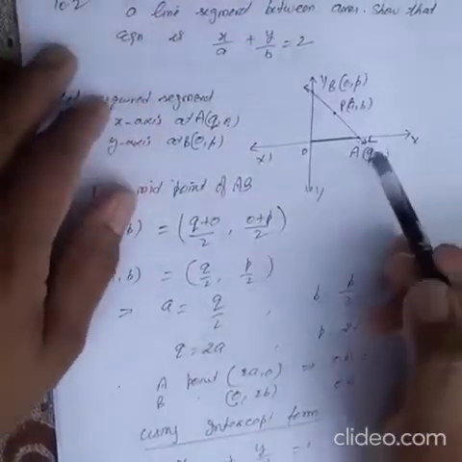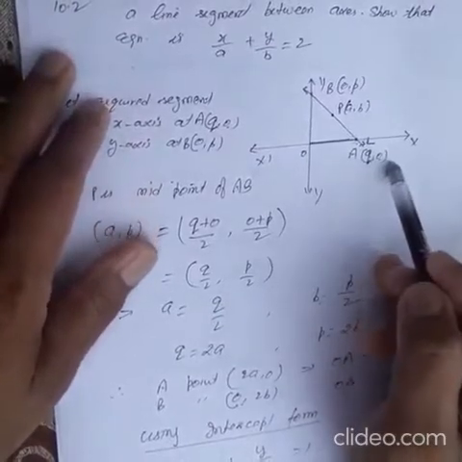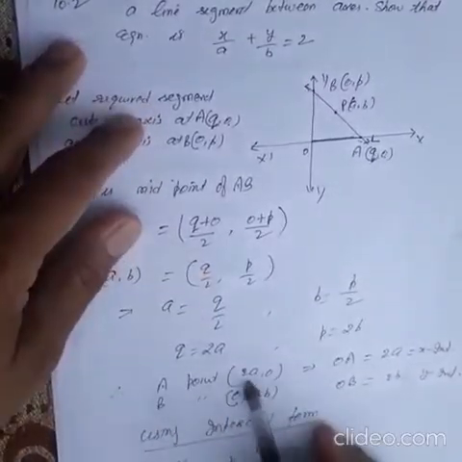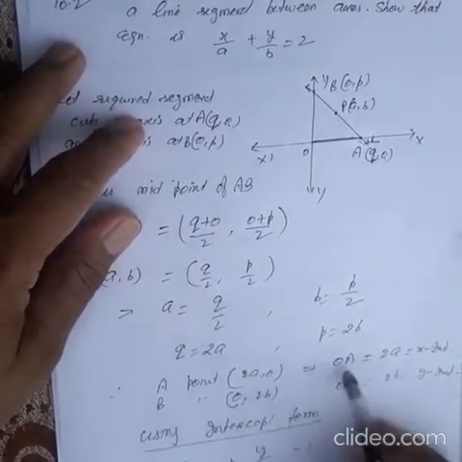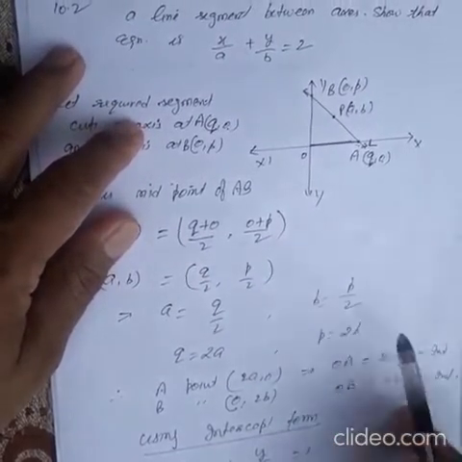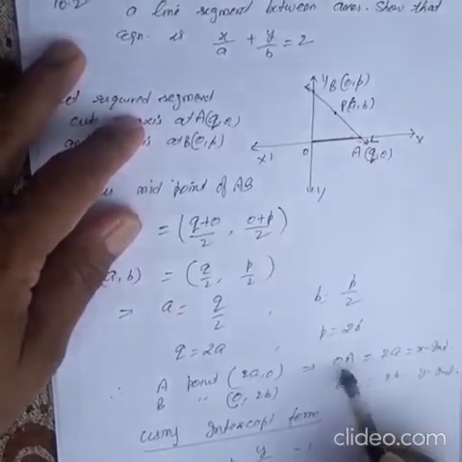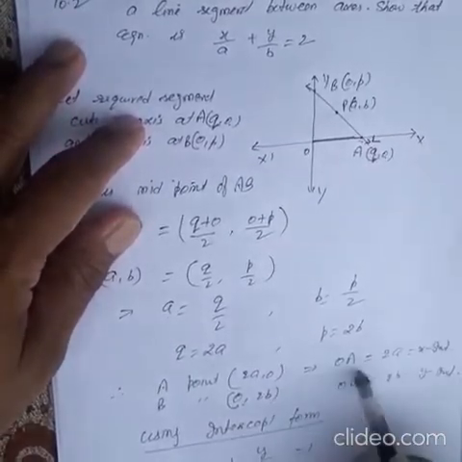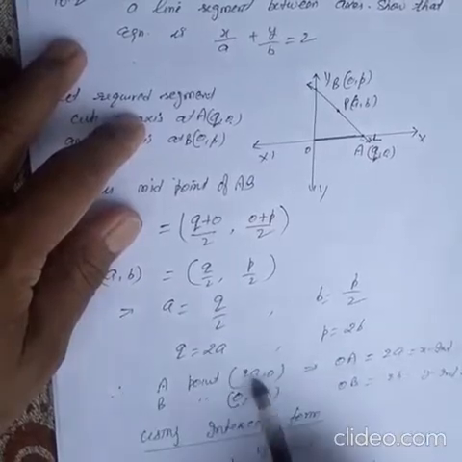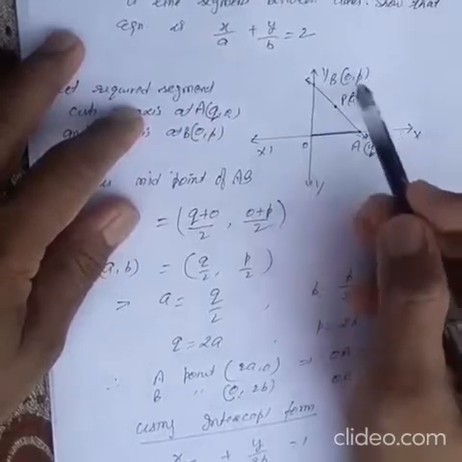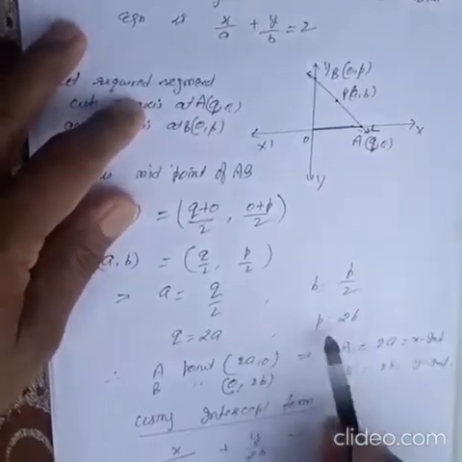Now the point A is (q, 0), and if you put the value of q, the coordinates of A will be (2a, 0). It means OA is the x-intercept of this line segment AB. So the x-intercept is 2a. Similarly OB is the y-intercept and the distance OB is p, which is 2b.